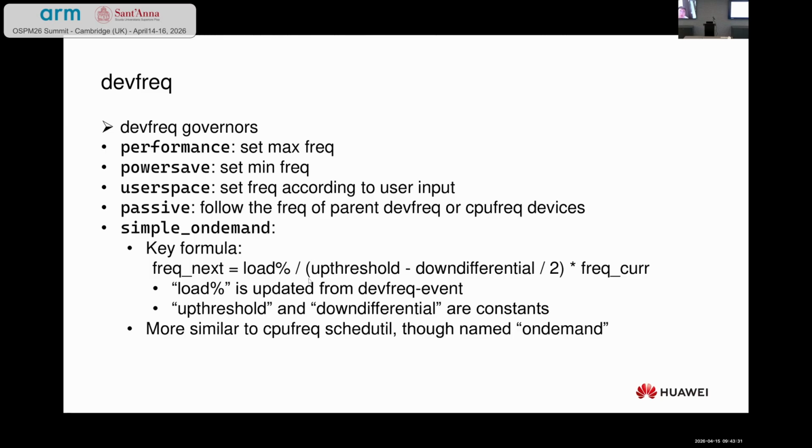In this formula, the percentage of load is updated from the Devfreq event, which, as we said, is implemented by different event drivers. The up threshold and down differential are constants. If the device driver doesn't set them, they will be predefined macros, and if the device driver sets them, it will take the parameters from the driver. But anyway, these two parameters are not changed at runtime.